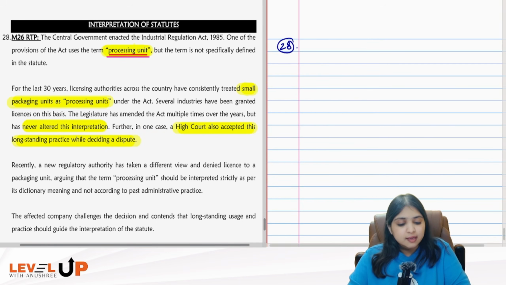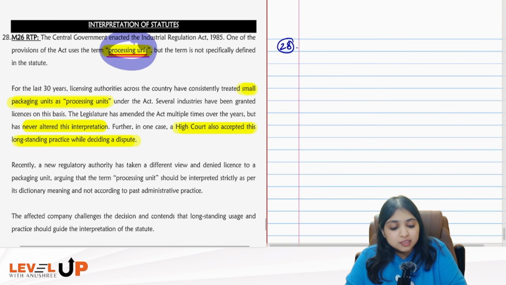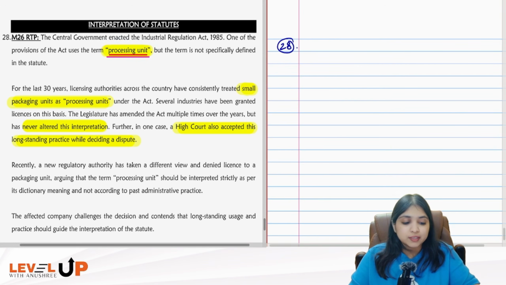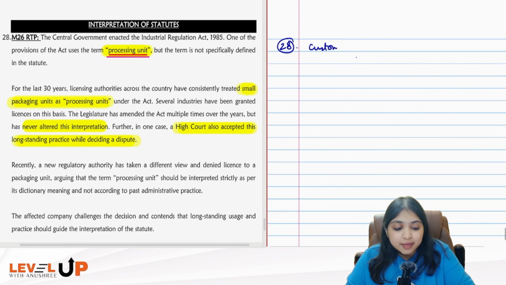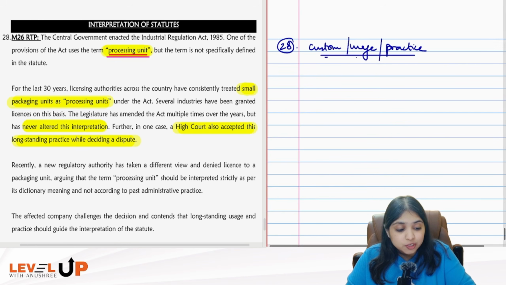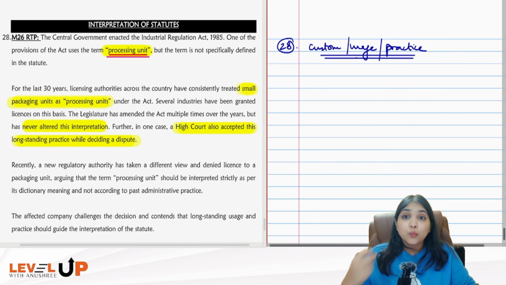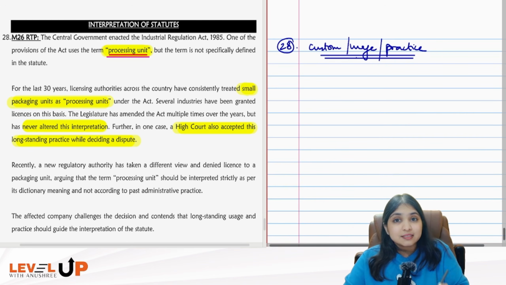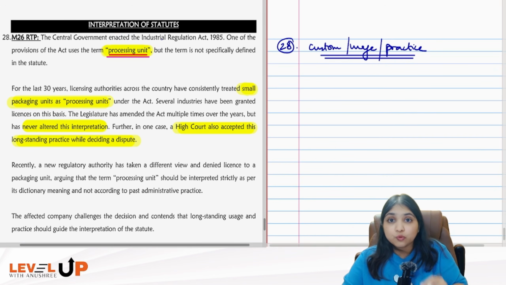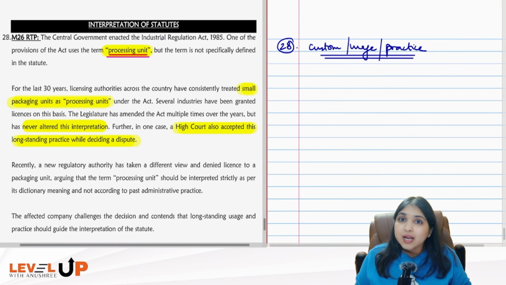So what has happened over here? Even though this particular word processing unit is not defined, over the years we now have a custom, guys. We now have a usage, guys. Custom, usage, practice. This is a concept which comes into the picture. When across a certain number of years, we have been giving the same definition to a particular word, now suddenly we can't change it.